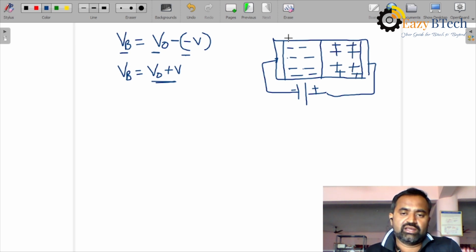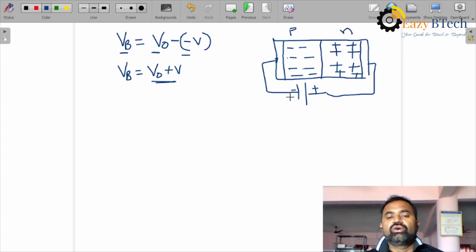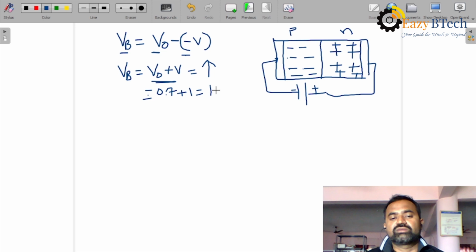This is the P side, this is the N side. Due to the negative voltage across the P side, the width of the depletion region increases, and the barrier voltage also increases. Suppose V0 is 0.7 volt for silicon and the applied reverse bias voltage is 1 volt, then it becomes 1.7 volts. It means a larger voltage is developed in the depletion region.